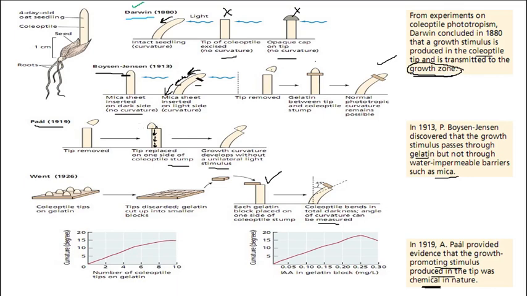If mica is placed in the light sensitive region, or in the sunny region, the bending still occurs, because growth occurs in the dark region. But if mica is placed in the dark region, there will be no bending.